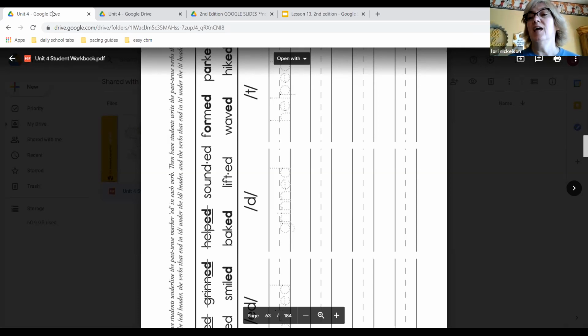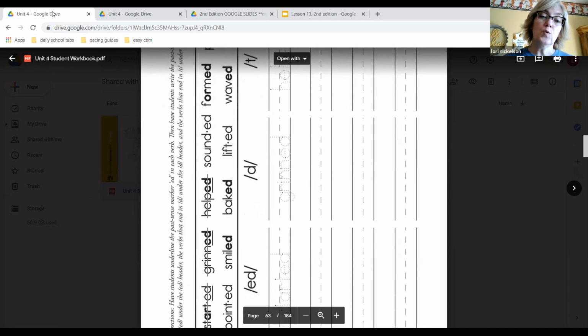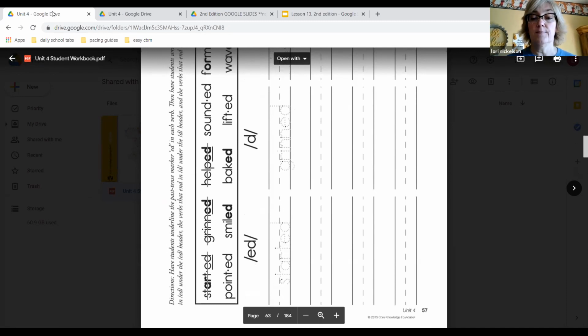It's got the ED to it, so it's going to go under ED. What about formed? Under just the D, right? And what about parked? That's going to go under the T. Okay, so that leaves you with 6 words to put on those lines. All right, so I'm going to let you do the other 6.